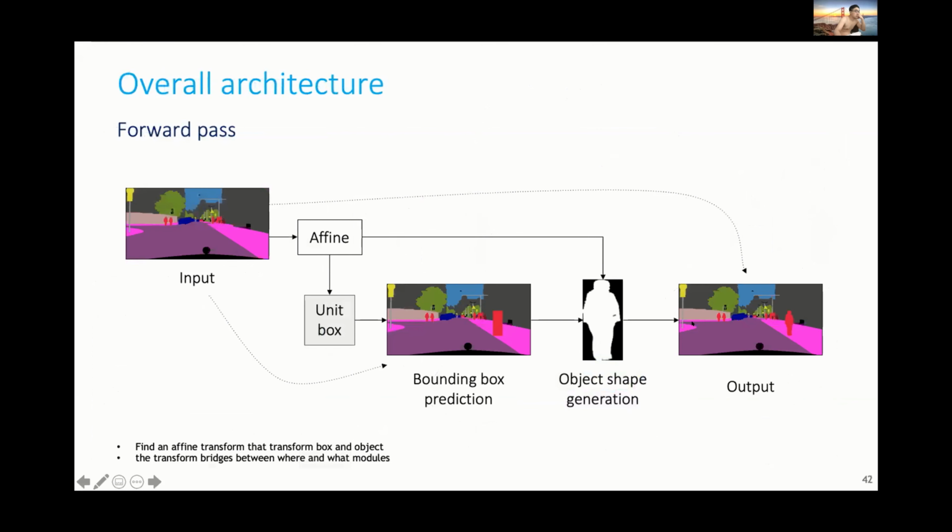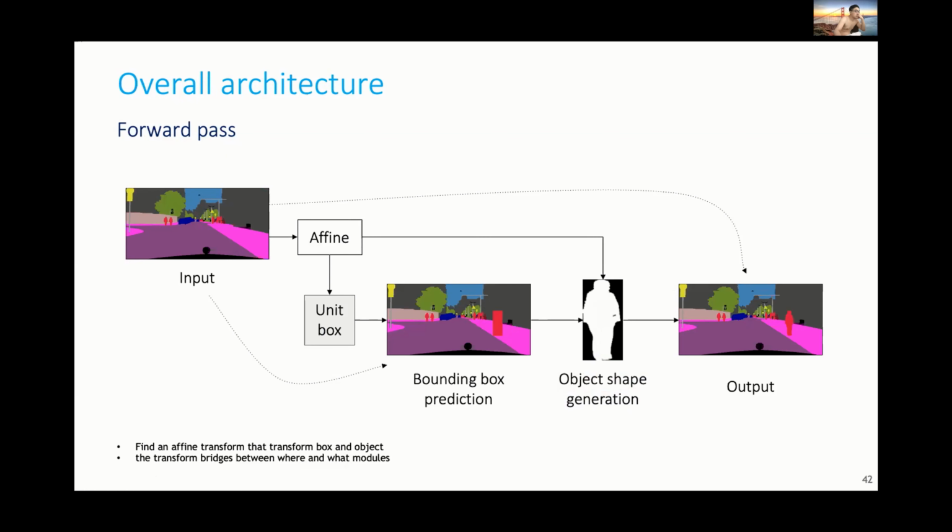Okay, so the overall architecture is this. Basically we have semantic input and a random vector, and then in the forward pass, we take one unit box and, using the where module, predict one location. With the where module we have a position, and with the what module we have the shape, and then we can synthesize one human at one position.